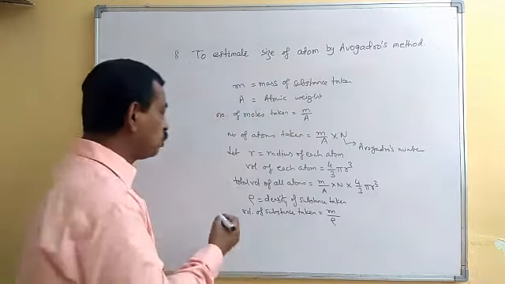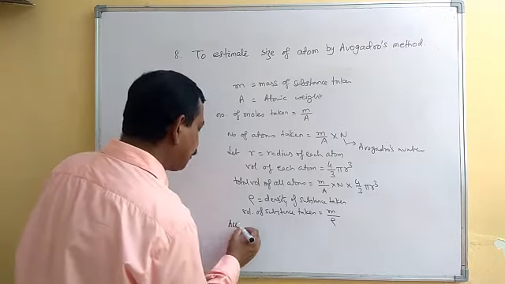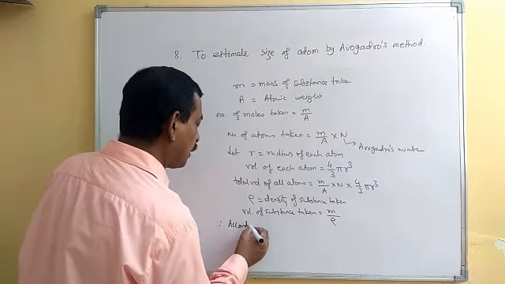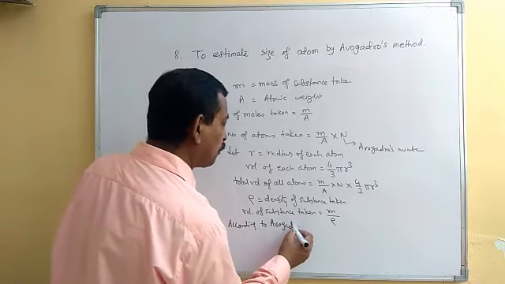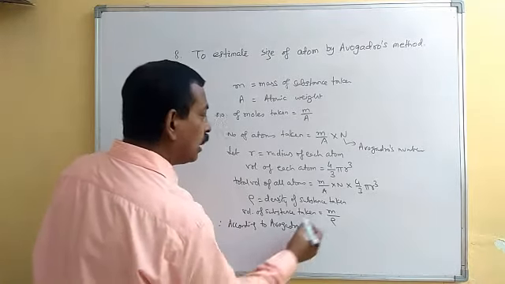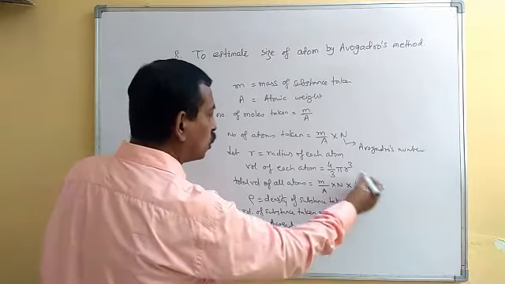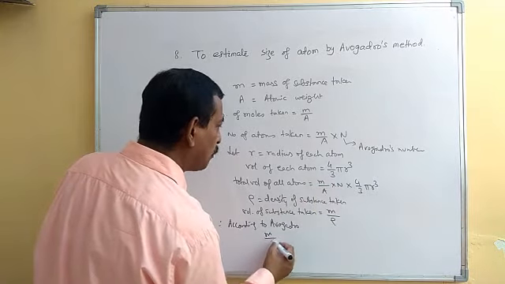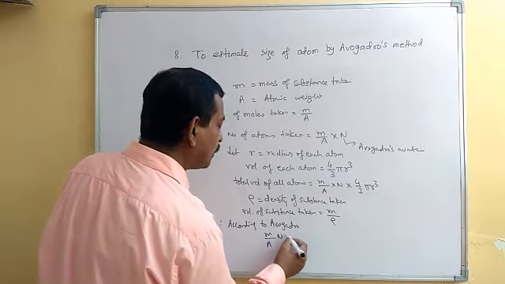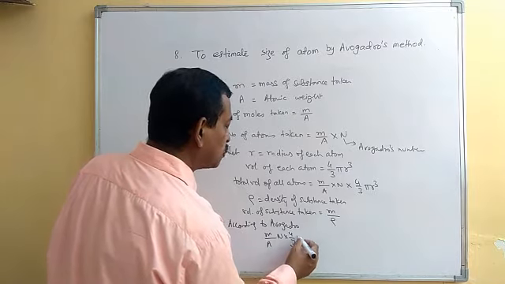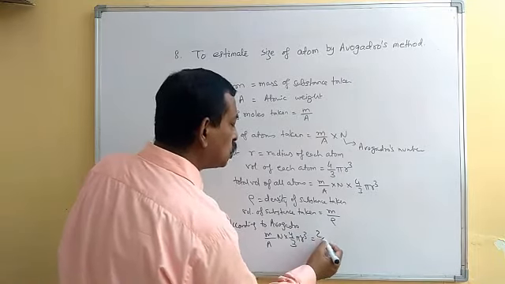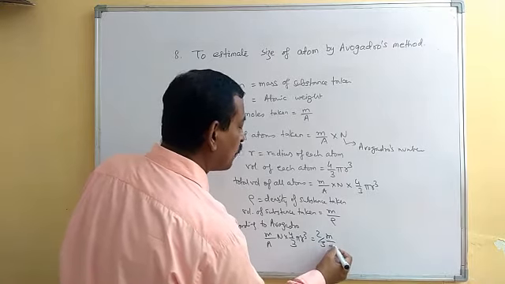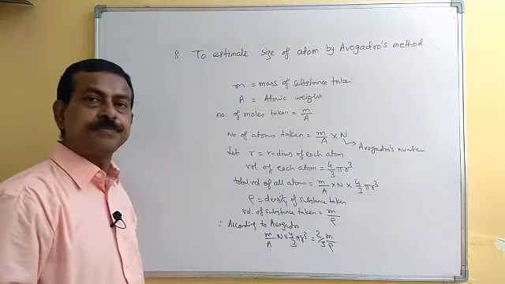So according to Avogadro, the total volume of the atoms, that is m by A into N into 4 by 3 pi r cube, is 2/3 the volume of the substance taken.